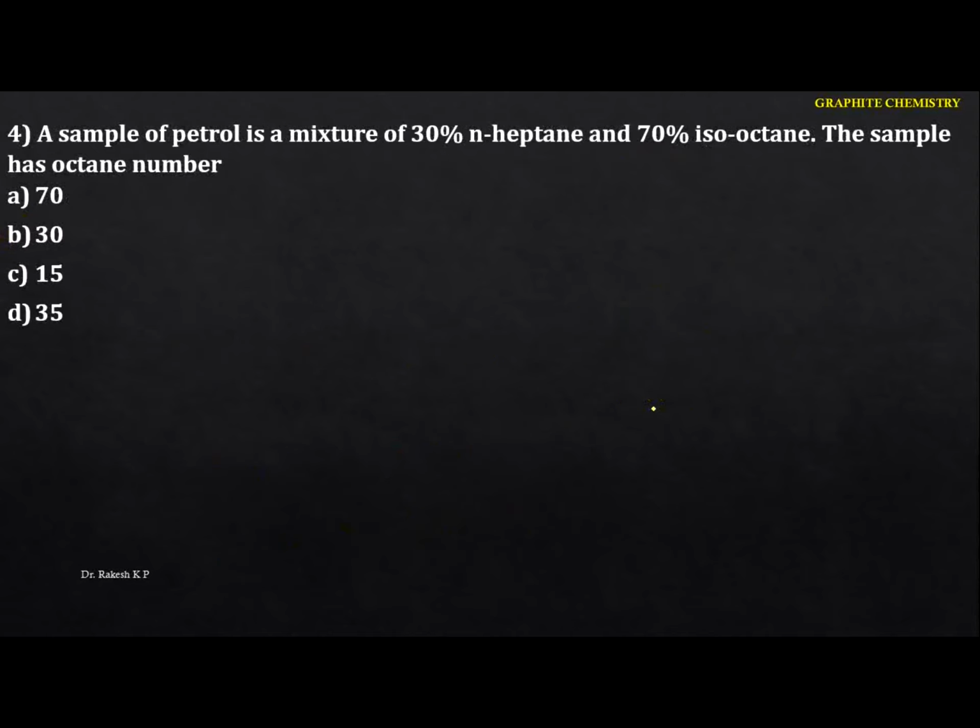Next one. A sample of petrol is a mixture of 30% n-heptane and 70% isooctane. The sample has an octane number of? Let's identify what exactly the octane number is. The octane number indicates the anti-knocking property.